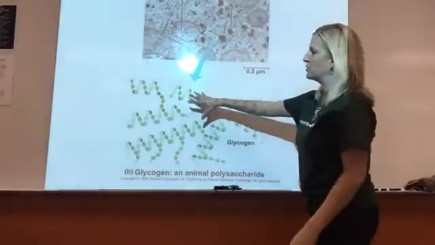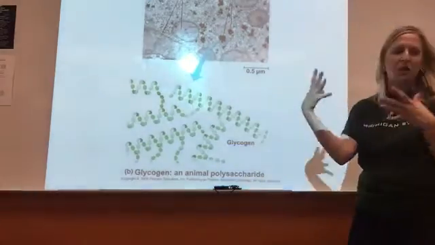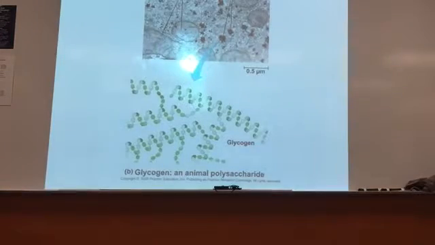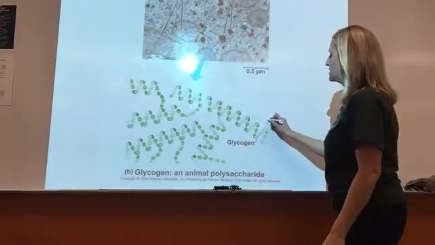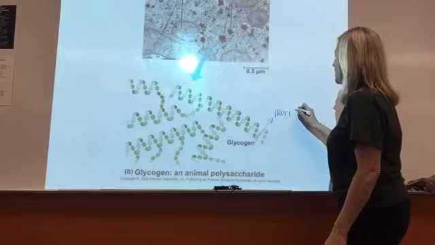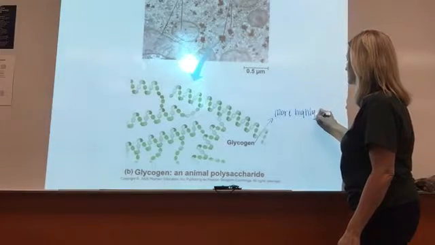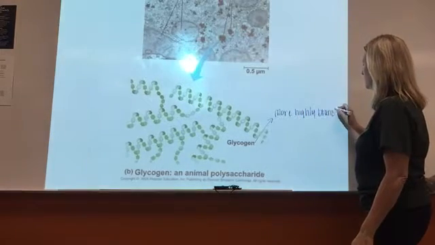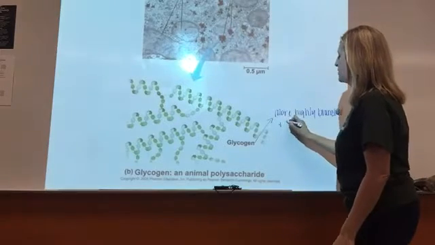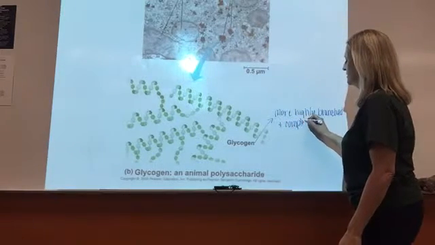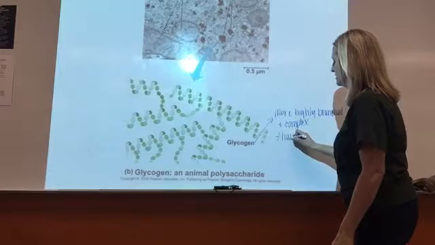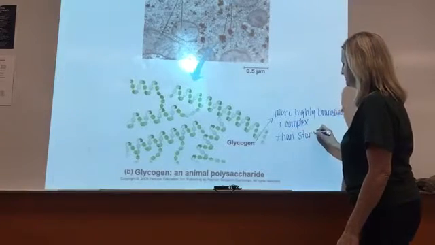It's long chains of glucose, but you can see here it's a much more highly branched, more complex molecule than starch. So I'm going to put here: more highly branched and complex than starch.